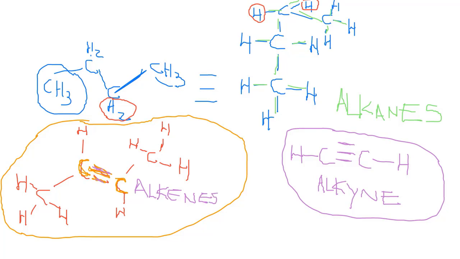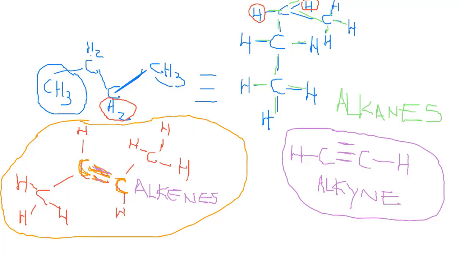So this is the first division, and basically this is simple, what they are doing with hydrocarbons. They are classifying the hydrocarbons as saturated or unsaturated.